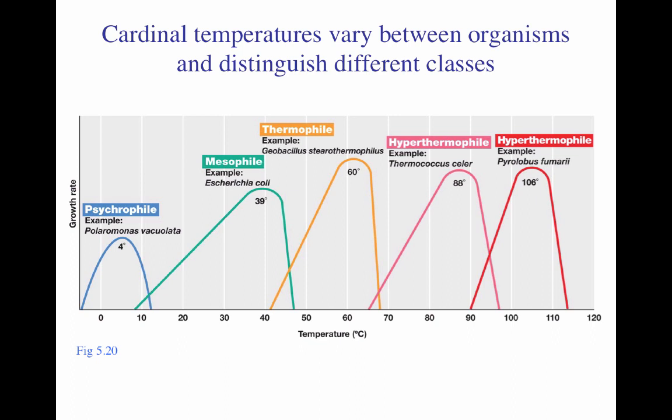So the organism doesn't simply tolerate that temperature. It actually requires that temperature to thrive. And all the biological molecules inside that organism have adapted to live at the particular temperature that they're exposed to. And that is something that we're going to discuss in a moment.